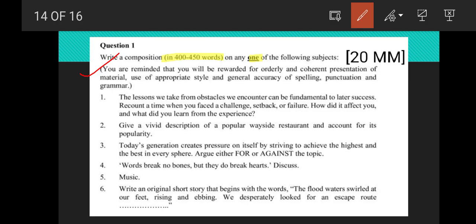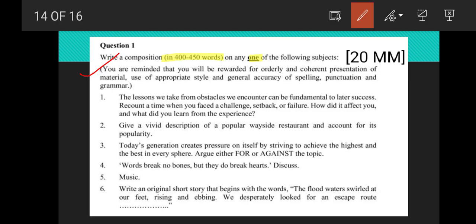If you omit this, you can eliminate the points as well, and through the points you can eliminate your marks as well. You are reminded that you will be rewarded for orderly and coherent presentation of material, use of appropriate style and general accuracy of spelling, punctuation and grammar.